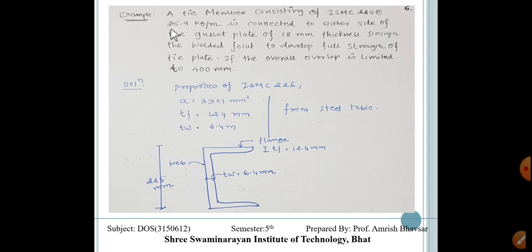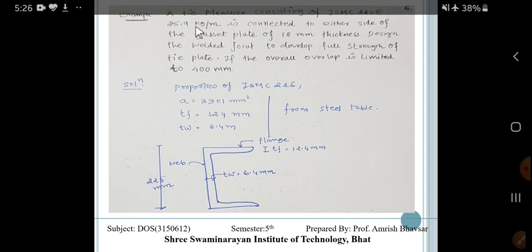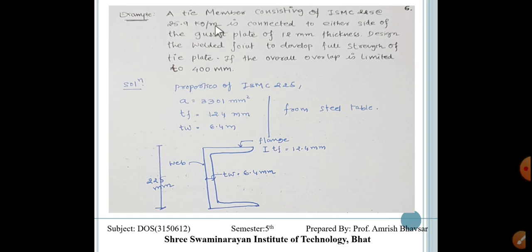So whenever you look at the steel table, there are the same size of two or three members but having different weights of the section. So we have to take the section from the steel table with this much weight. Again, next, this is connected on the side of a gusset plate of 12 mm thickness.